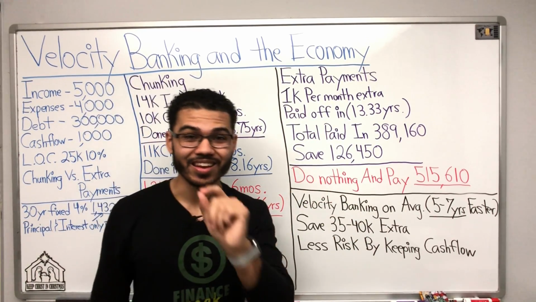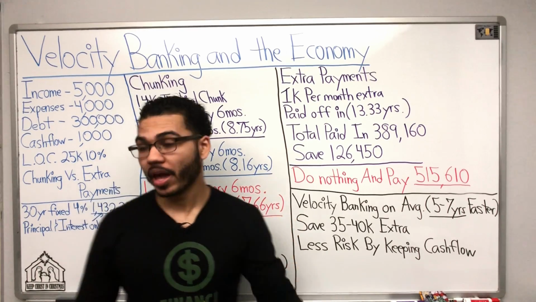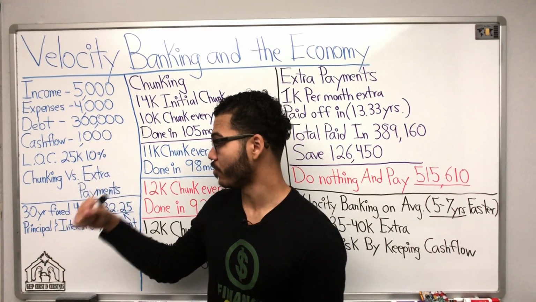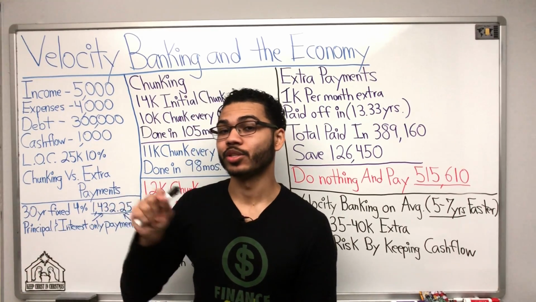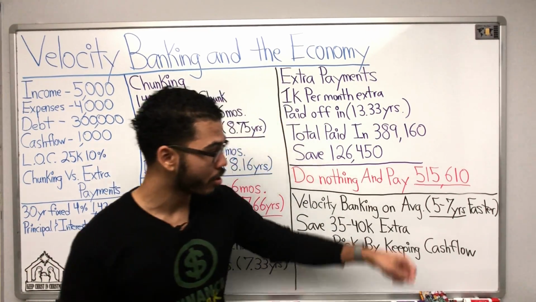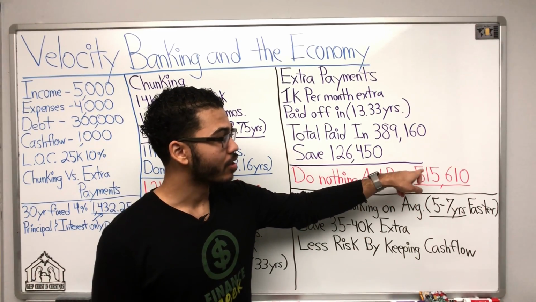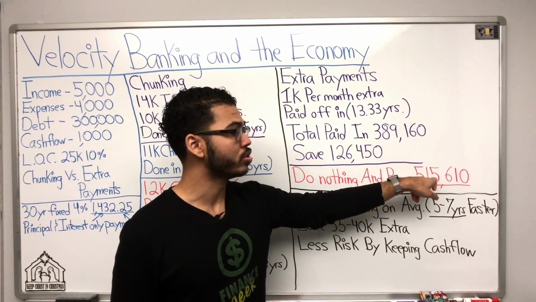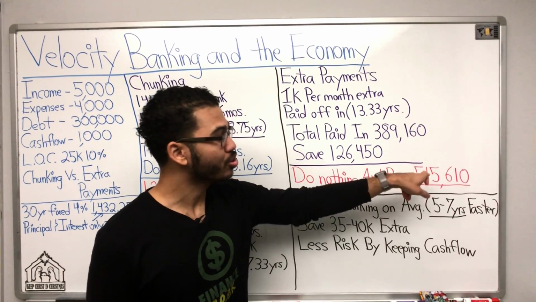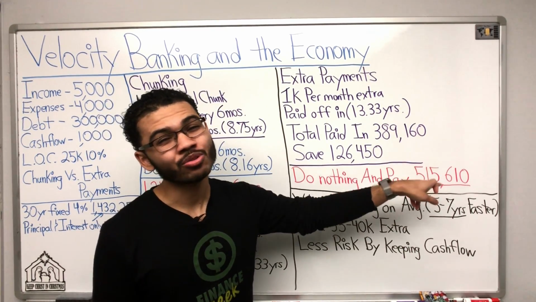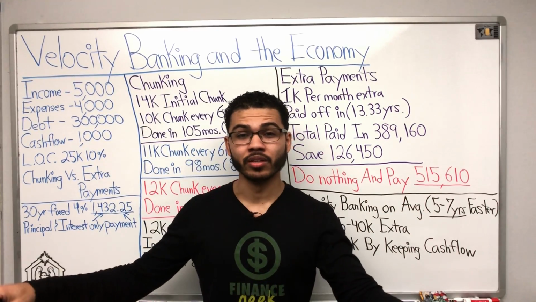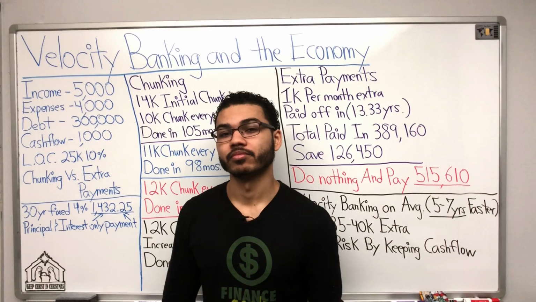Because if we did nothing and just pay the $1,432.25 each and every month for 30 years, that's 360 months, times those two numbers together, you would pay $515,610. You would pay an extra $215,000 on your mortgage if all you did was just pay the bill.